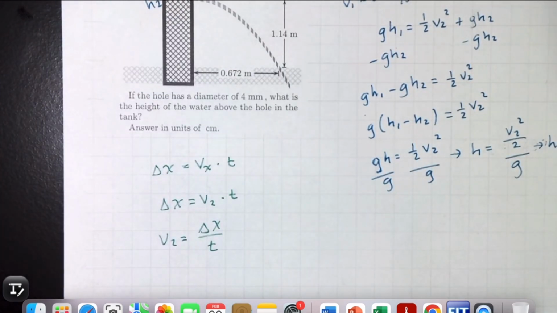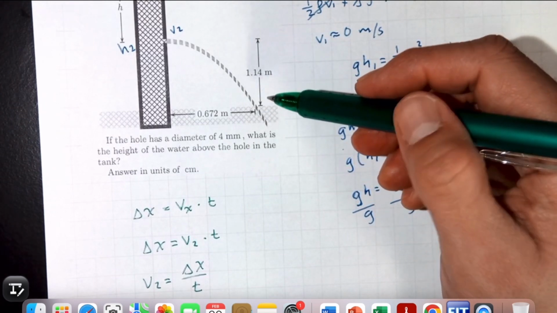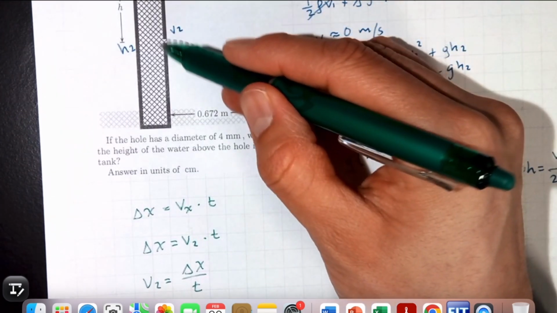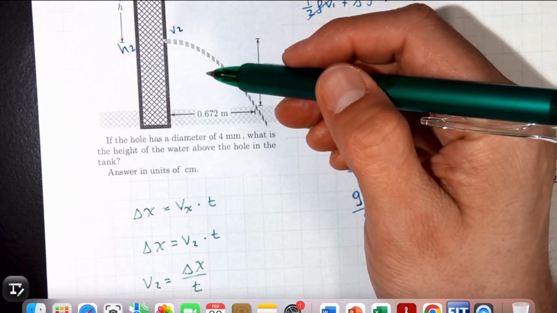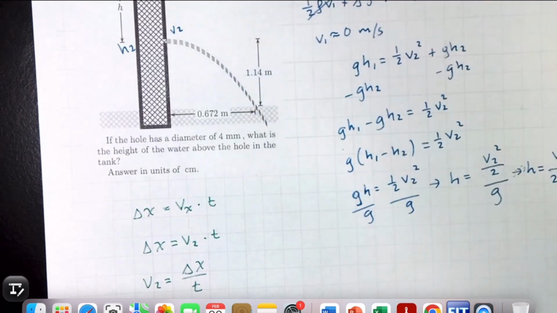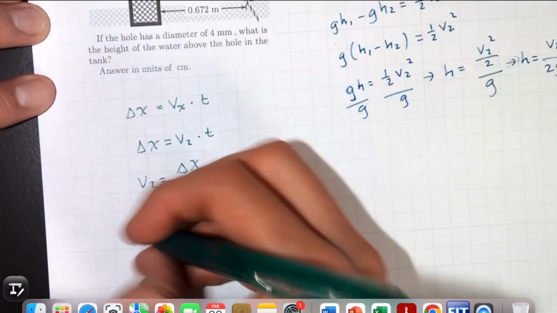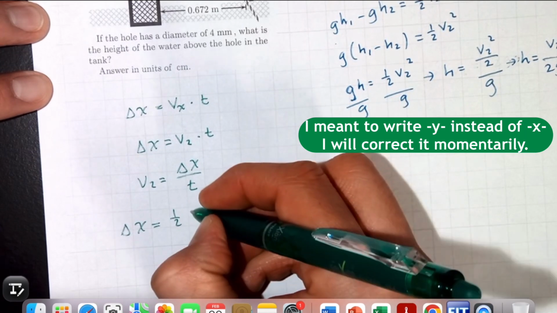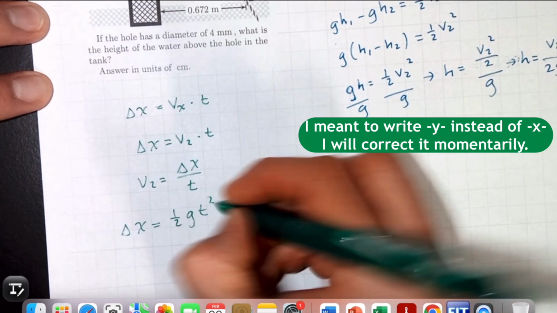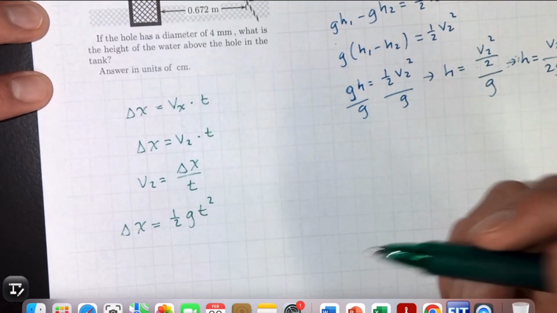Now we do not have time, but we can get it using the y. Like I said, this velocity has no vertical component, therefore its initial velocity along the y is 0. Thus, I can use this equation. And I'll just have to solve for t.